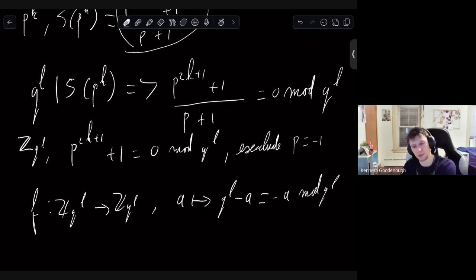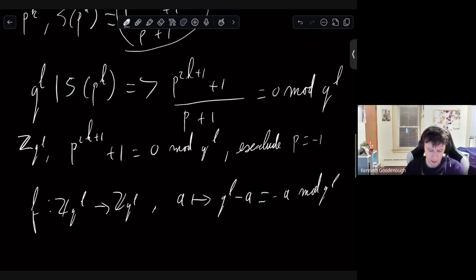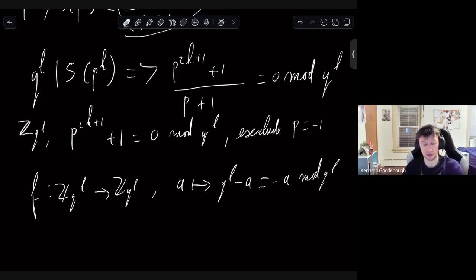So really we can think of this as the inverse map when we think of Z sub q to the power L as an additive group. Okay, and why is this nice? Because, first of all, we know that this is a bijection. This is easy to see from the fact that this is a group and inverses are unique.